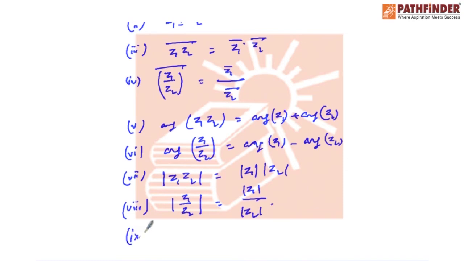A very important rule is known as the triangle inequality: mod of mod z1 minus mod z2 is less than or equal to mod of z1 plus or minus z2, which is less than or equal to mod z1 plus mod z2.